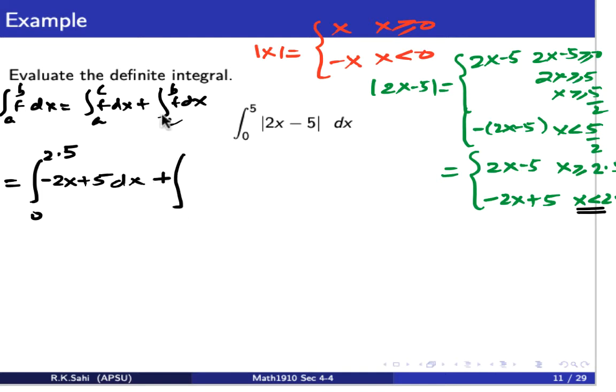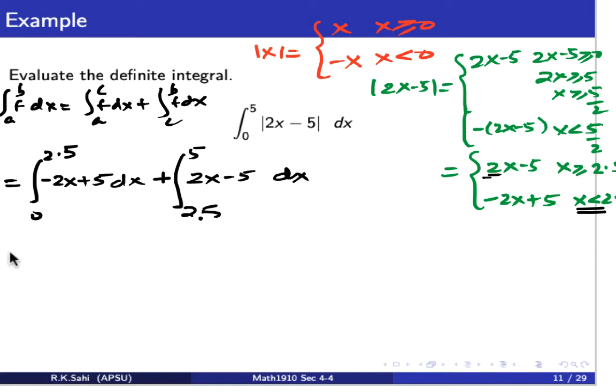Now you go from 2.5 to 5, because that's where it is ending; the upper limit of the integral is 5. This is the expression we will be writing because this is x greater than or equal to 2.5: 2x minus 5 dx. After that you are just simply going to solve it.